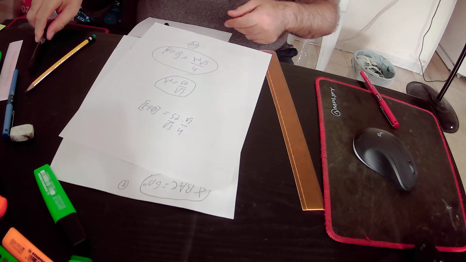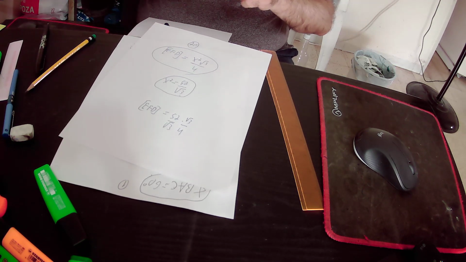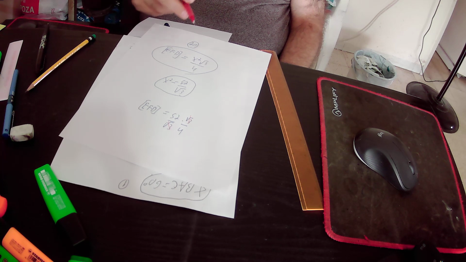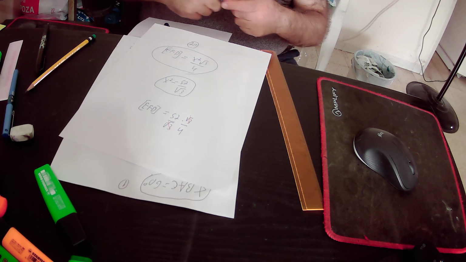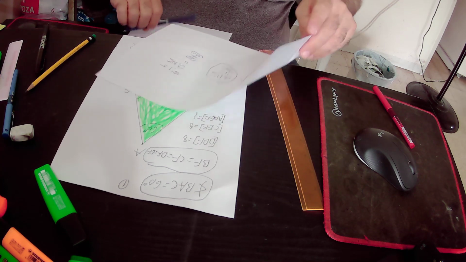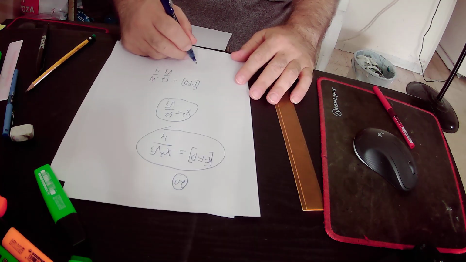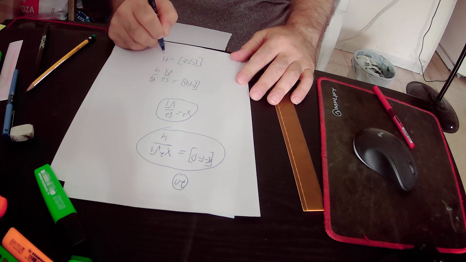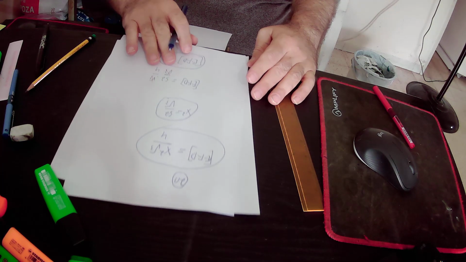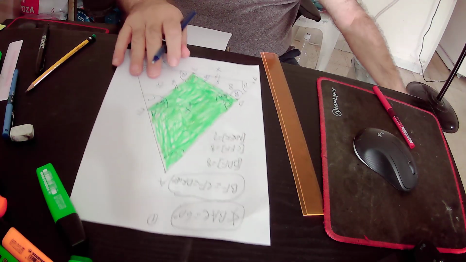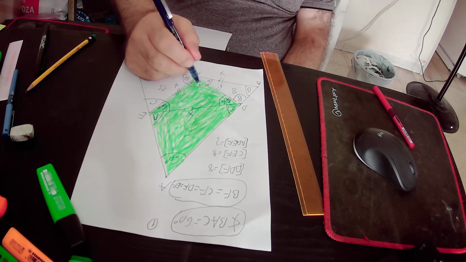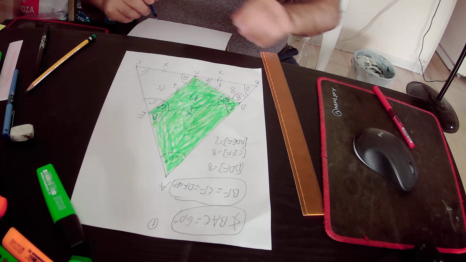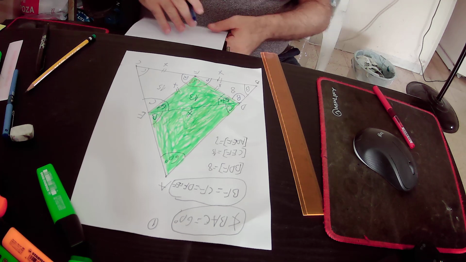Here root 3 over root 3 is 1, so root 3 is cancelled, and 52 over 4 is 13. So we found that the area of the equilateral triangle EFD equals 13 square units. Okay, so we can write here that the area of the equilateral triangle EFD equals 13 square units.